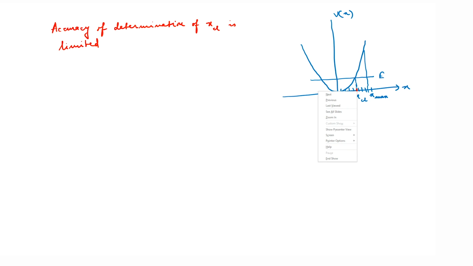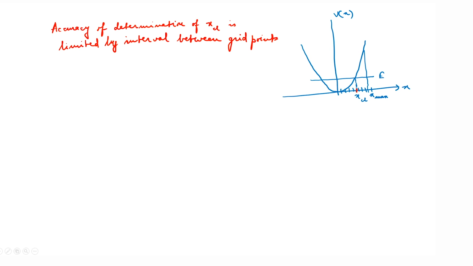What it means is that the accuracy of determination of XCL is limited by the interval between grid points. So the question is now how to find the classical point of inversion.